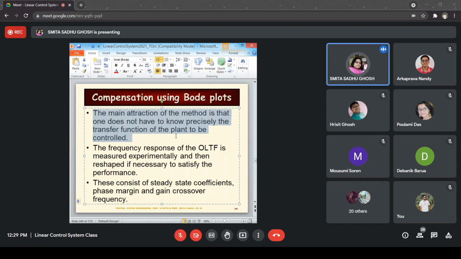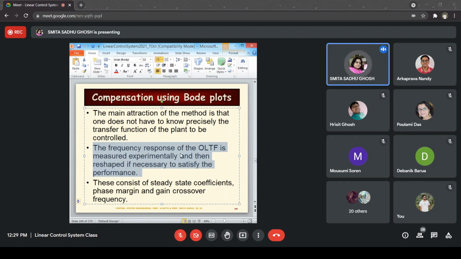So basically, the frequency response of the open loop transfer function is measured experimentally. Once you obtain the frequency response, say you have obtained the Bode plot experimentally, you can try to reshape the Bode plot. How to reshape?